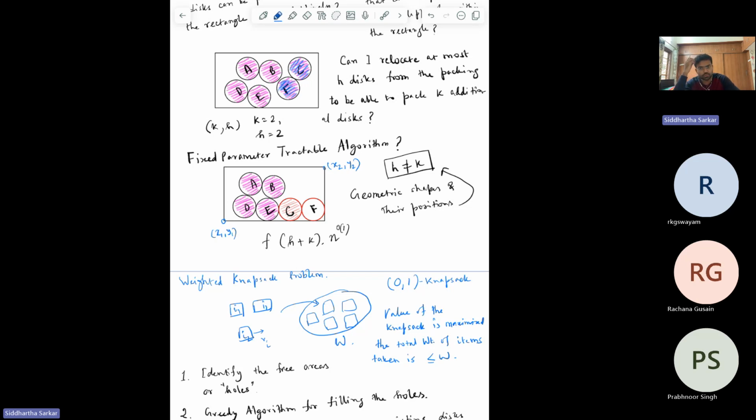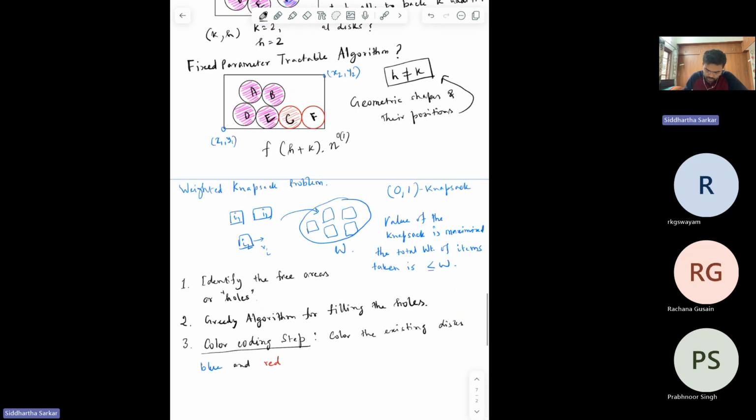Okay, so now the question is, how do you decide which disk you will make blue and which disk you will make red? So it is known that at most H disks can be relocated, and at least K disks are to be added.